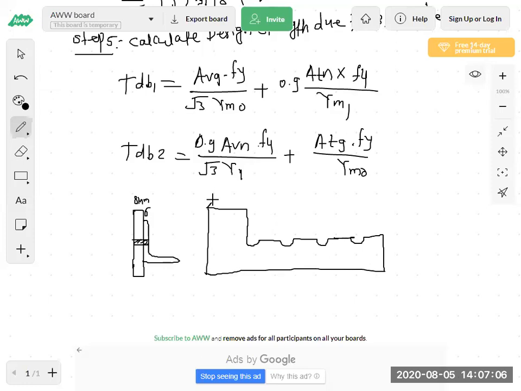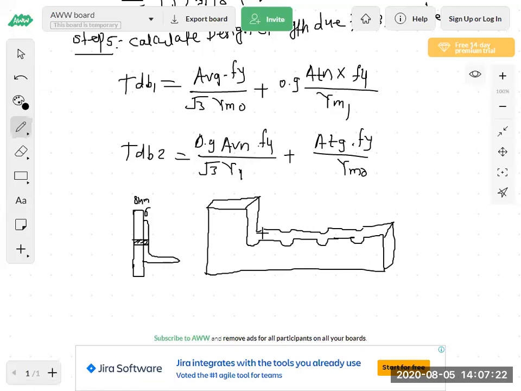Okay. So this is the block shear failure, nothing but this part will be cut from this first bolt to the edge.